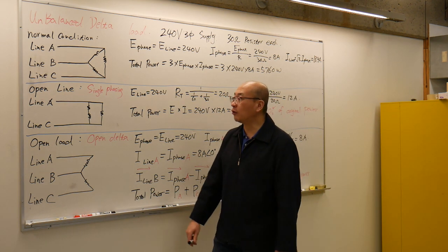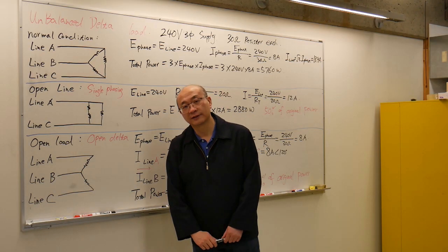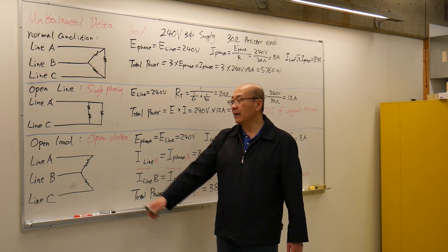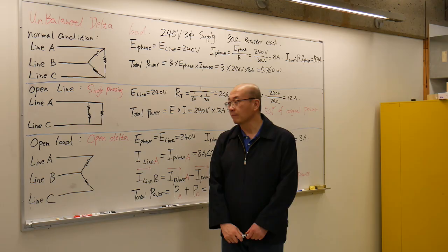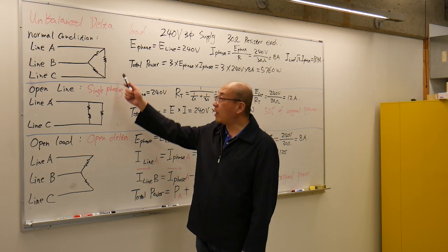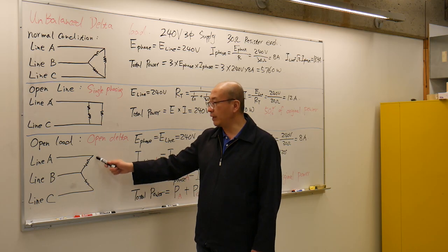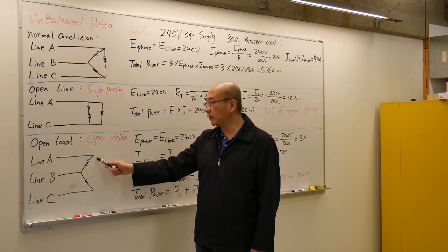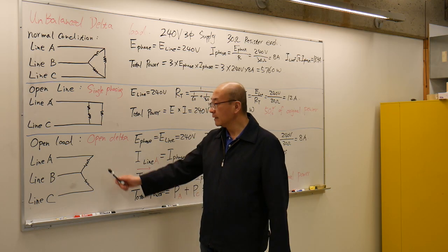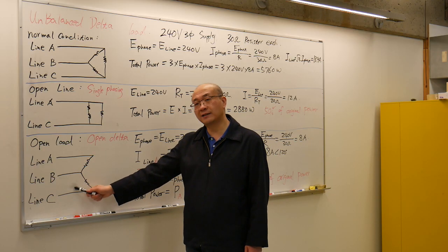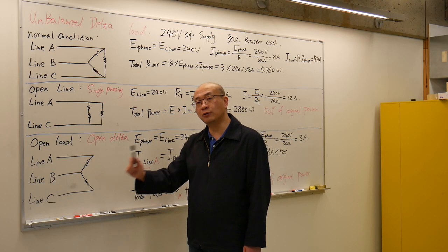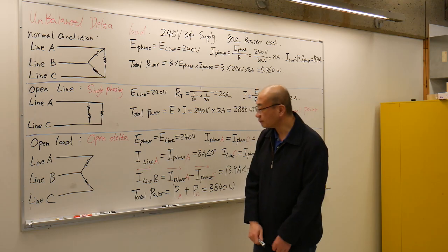Next one, we're going to look at open load condition. Open load condition is considered open delta. So from our original drawing, we take one of the resistors out, which is in phase C. We still have three-phase supply, but we only have two loads in there.